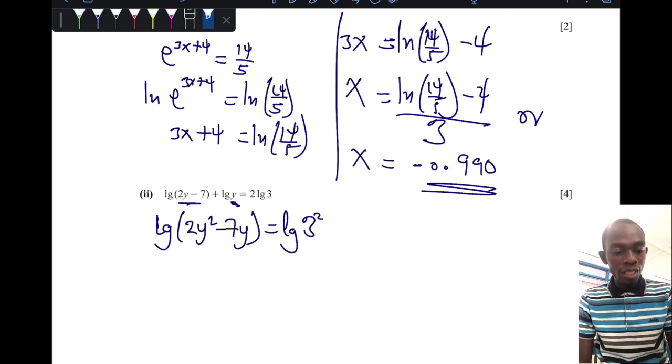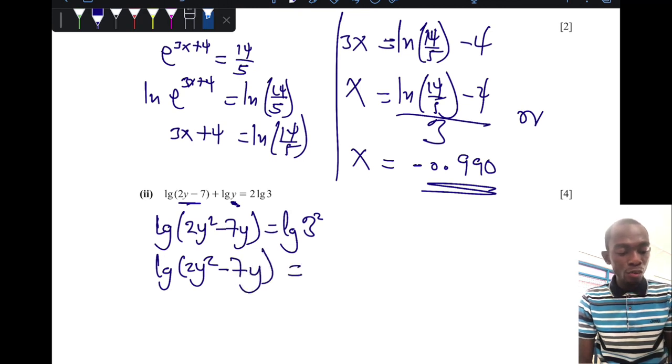Why? Because this particular 2 has to go up, so it becomes the exponent of the 3 there. All right, so the next thing that we can do is that we write log of 2y squared minus 7y is equal to the log of 9.